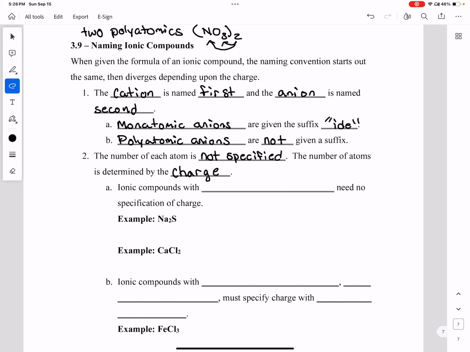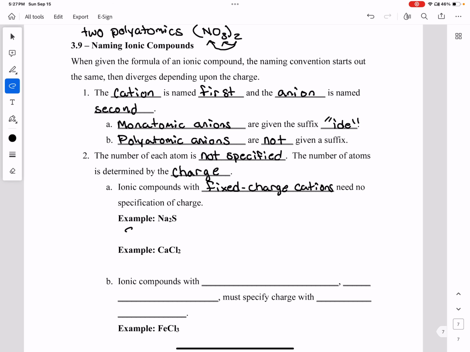Ionic compounds with fixed charge cations need no specification of charge. So Na2S, I'm just going to call sodium sulfide. I am not specifying that there are two sodium ions in there.